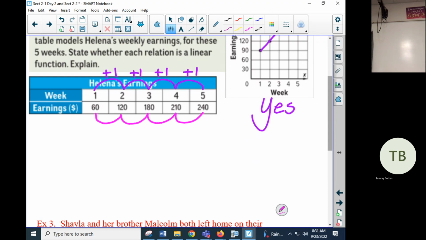And from 60 to 120, that's going up 60. From 120 to 180 is going up 60. So it looks like it's working. But when you go from 180 to 210, that's only going up 30. And when you go 210 to 240, that's going up 30. So because these are not all where you add 60, it's not linear.